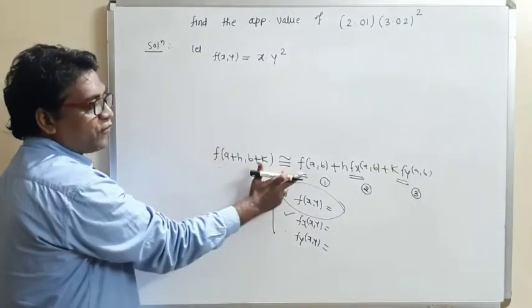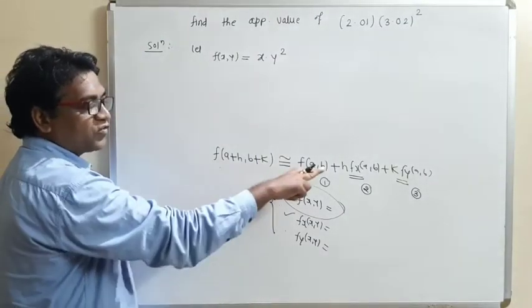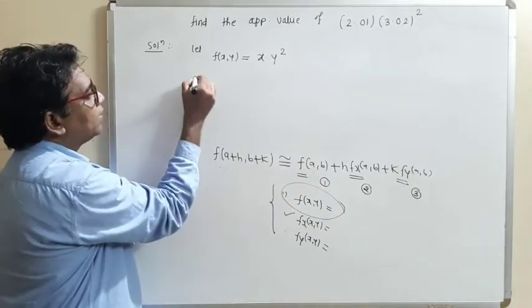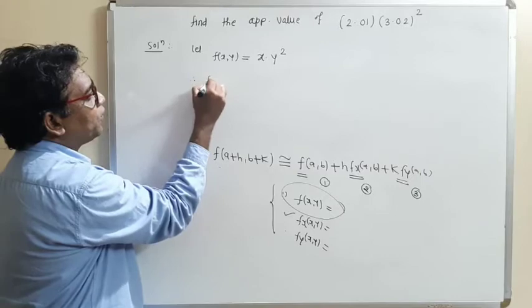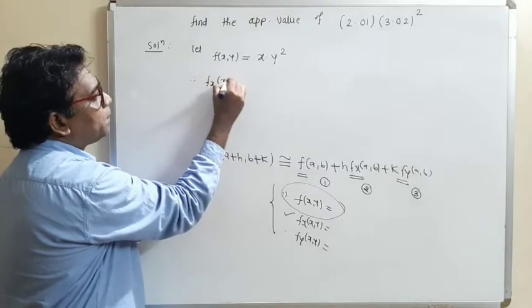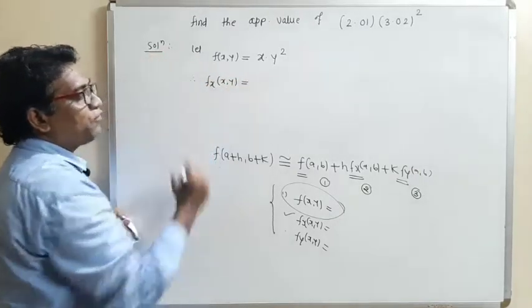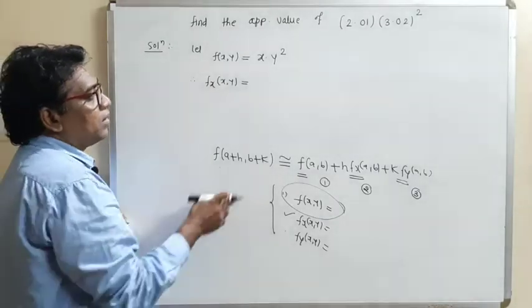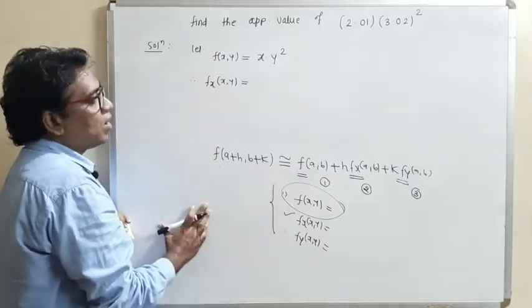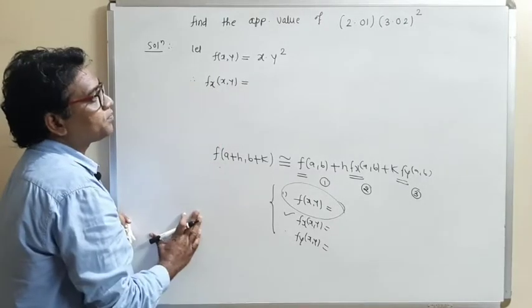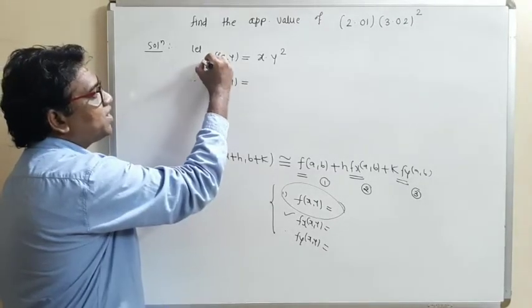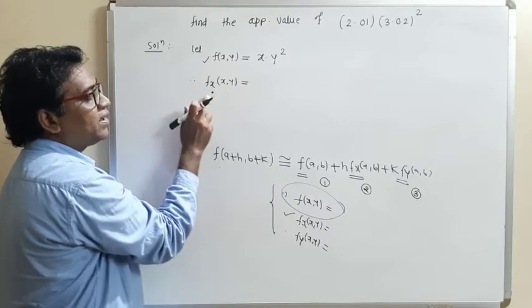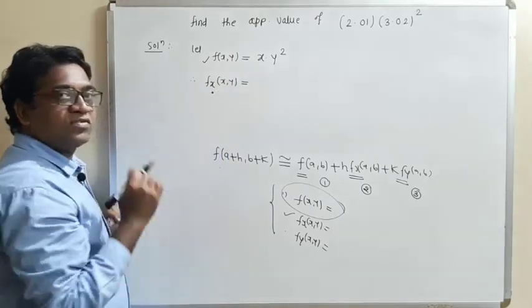Now from this function f, let us find out the partial derivatives fx and fy. So write down the next value. Therefore, the partial derivative fx at (x, y) is equal to, now see how to find out this fx. Differentiating this f partially with respect to x by keeping y constant.